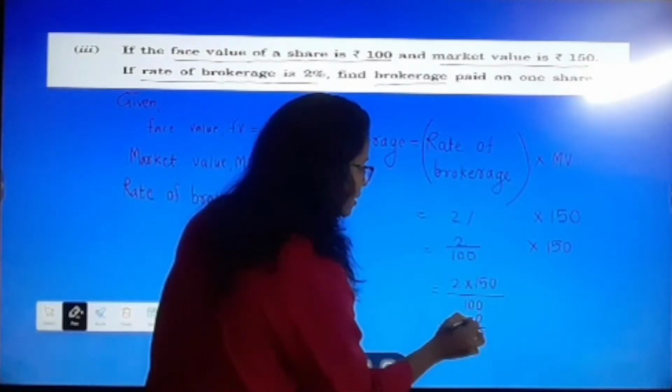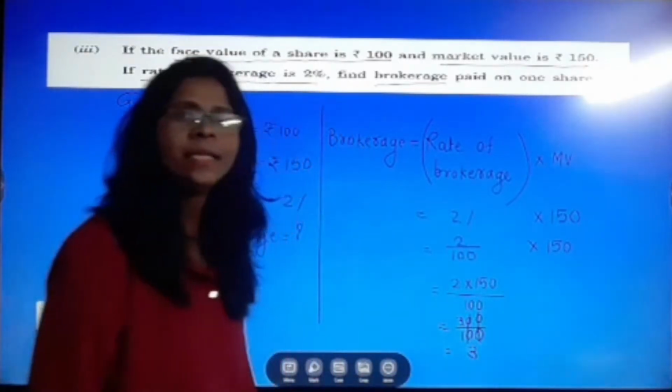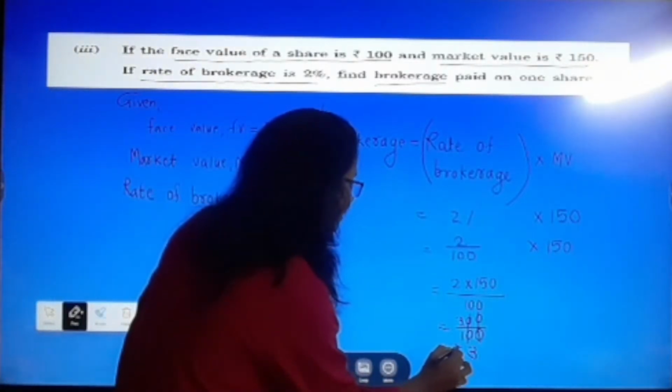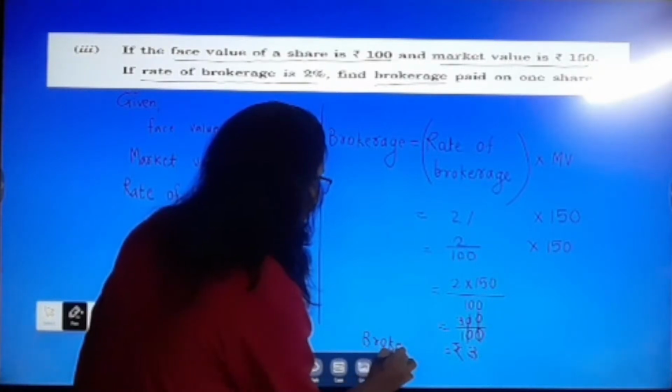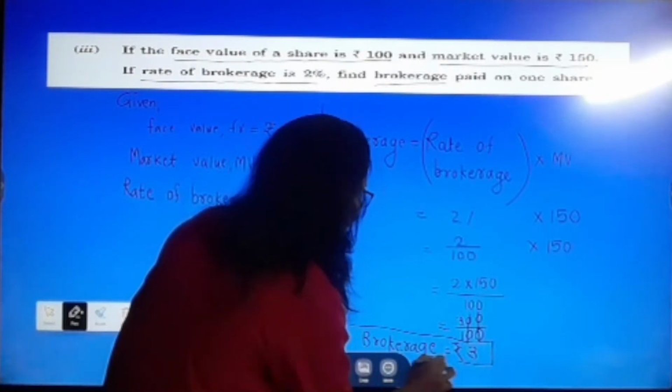So the answer will be 3. So here, students, it is rupees 3. I write here: brokerage is equal to rupees 3.